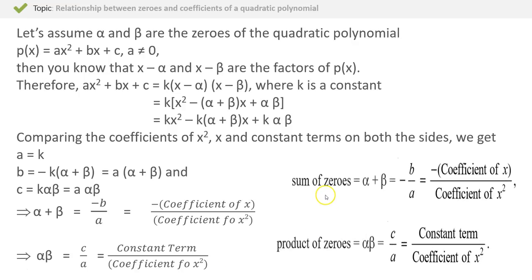Hence, how is the sum of zeros of a quadratic polynomial related to coefficients? If I have two zeros, alpha and beta, for a quadratic polynomial, then their sum is equal to minus b by a, so coefficient of x with a negative sign divided by coefficient of x square. And next, the product of zeros, which is alpha into beta, is equal to c by a, which is the constant term divided by coefficient of x square.